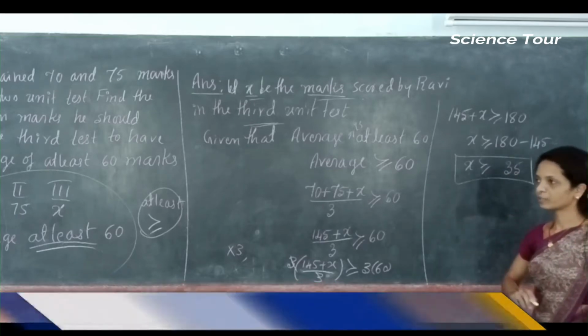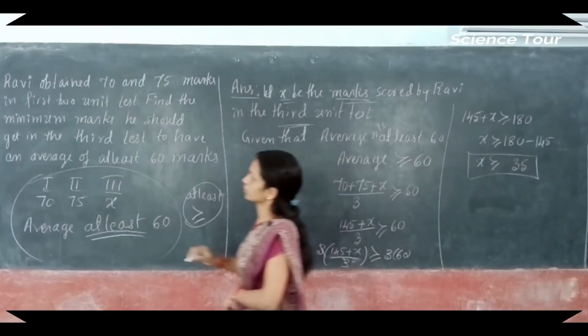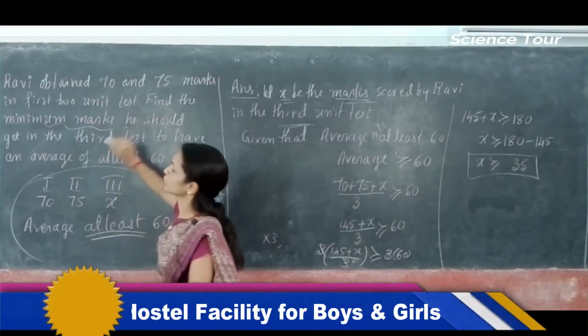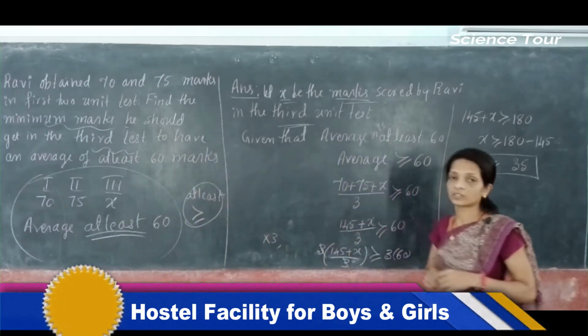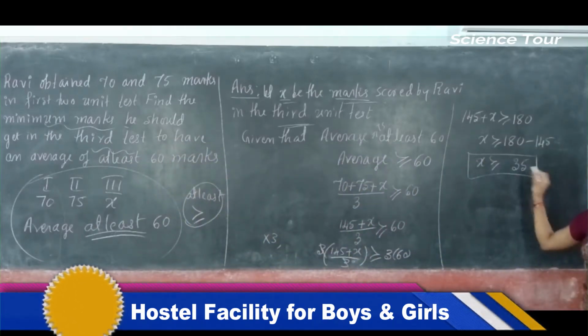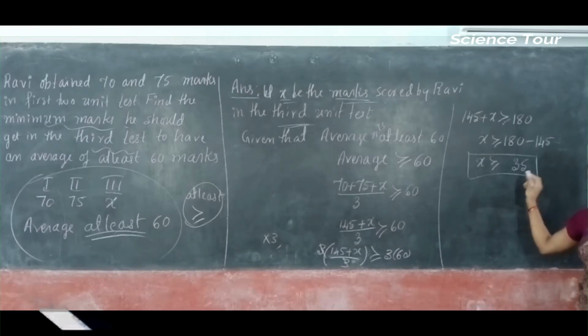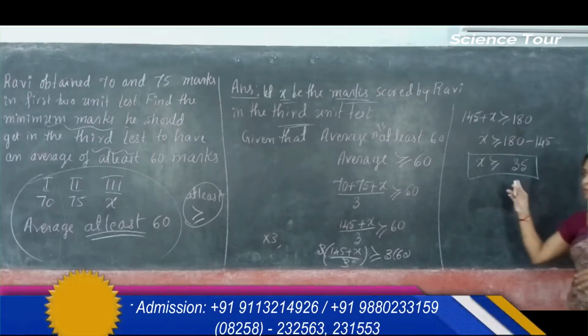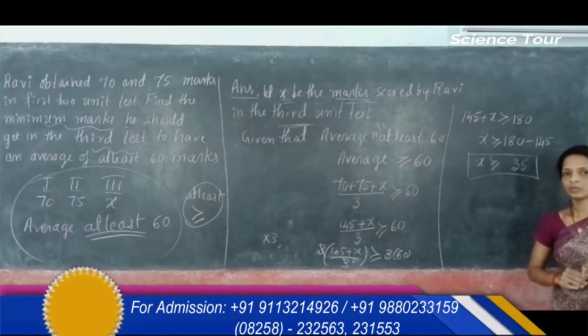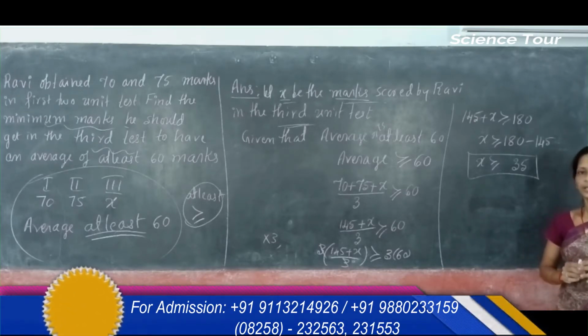Means what is the minimum marks he has to get? Minimum marks he has to get in the third test to have an average of at least 60 marks, that is 35. He has to get a 35, not less than that. So then only his average marks will be greater than or equal to 60.